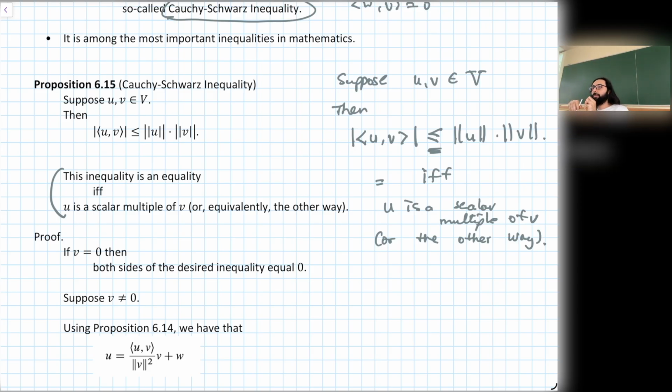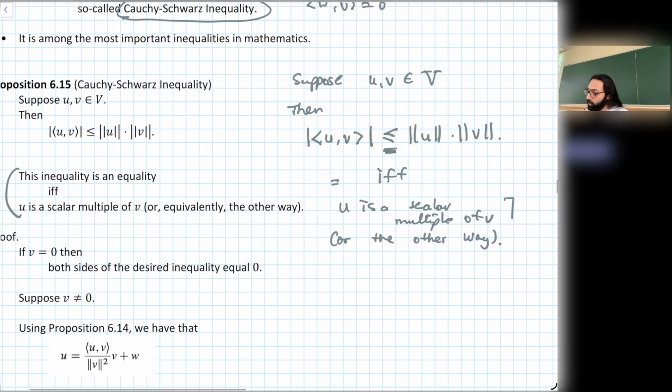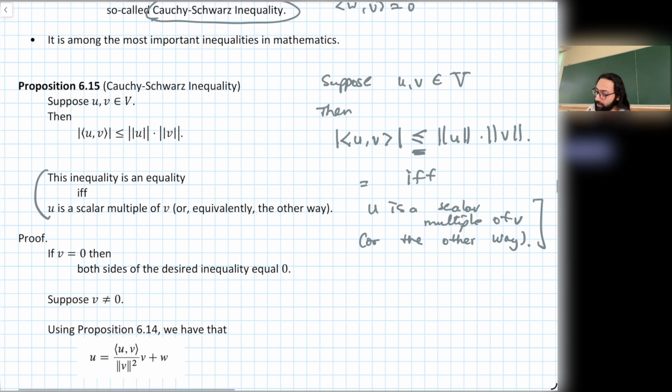Note that you don't have to say the other way if both vectors are non-zero, because if one is a scalar multiple of the other, the reverse holds too. But if one of the vectors is 0, then these statements are different. So let's continue then.